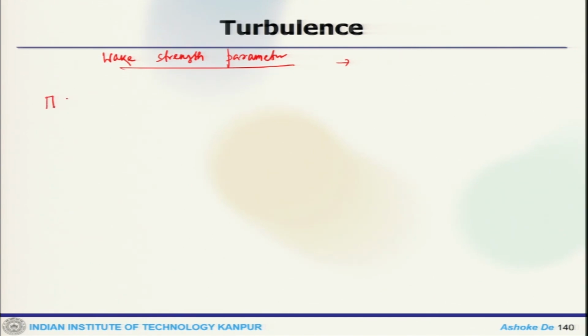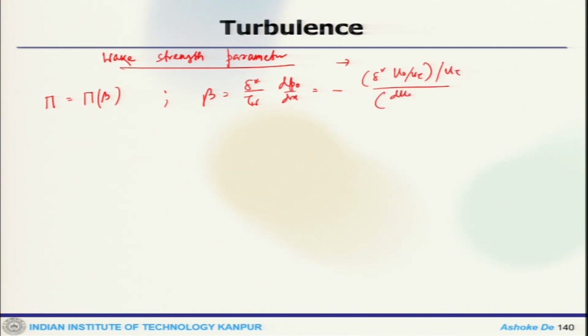So, you can write pi equals pi of beta, where beta is delta star by tau w times dp naught by dx, which is minus delta star u naught by u tau times du by dx to the power minus 1, which you can think about as the time scale of large eddies in the outer layer.